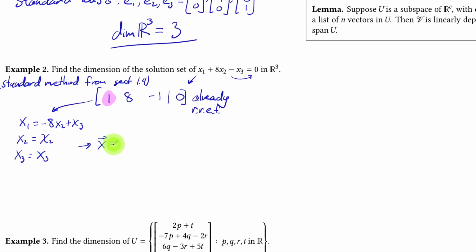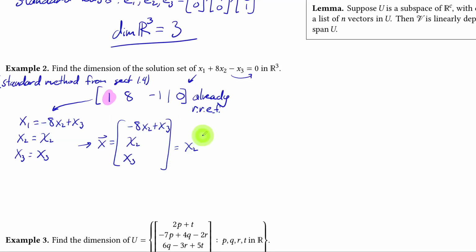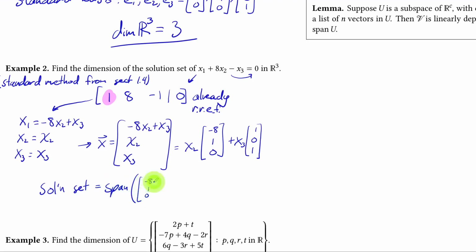That means you can write any solution, x1, x2, x3, in that form. Or you could say x2 is a scalar that you multiply by the vector negative 8, 1, 0, plus x3 could be any scalar that you multiply by the vector 1, 0, 1. And thus, the solution set is the span of those two vectors, which has dimension 2.